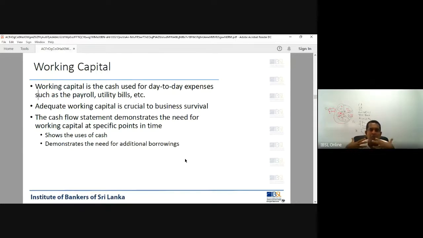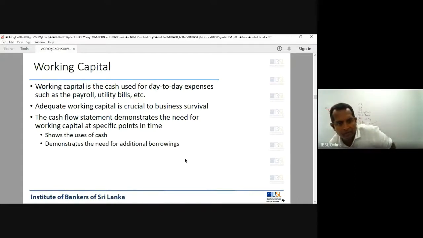So you need to fund part of your working capital from long-term funding, part from variable funding. Long-term funding is the permanent working capital part, and the variable funding is the short-term working capital part.